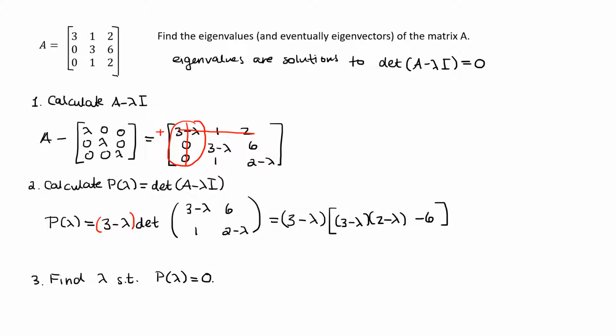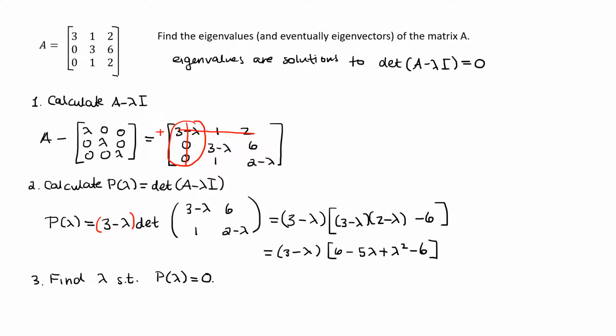Because we're going to be looking for the zeros, we probably want to simplify this second term. So I'm going to multiply out and then try to refactor it. So we have 3 minus lambda times (6 minus 5 lambda plus lambda squared minus 6).